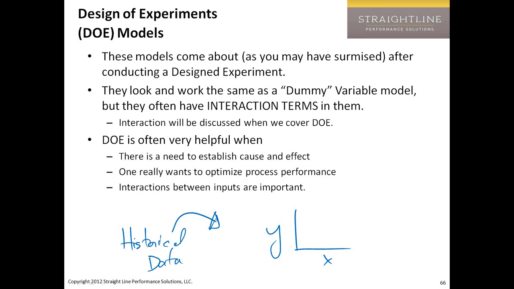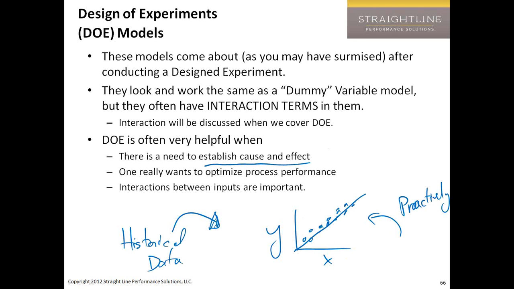Because we're pulling historical data, we can have lurking variables in the background changing our relationship between X and Y. But if we proactively adjust X and watch to see how Y moves, that is, we proactively experiment, we can actually show and demonstrate cause and effect. That's what's lovely about designed experiments: we can establish cause and effect, which is very, very helpful.